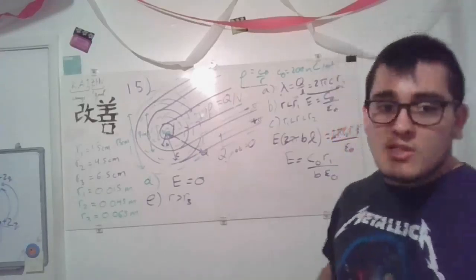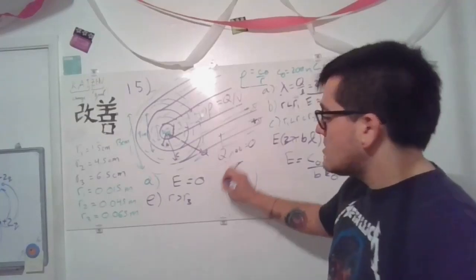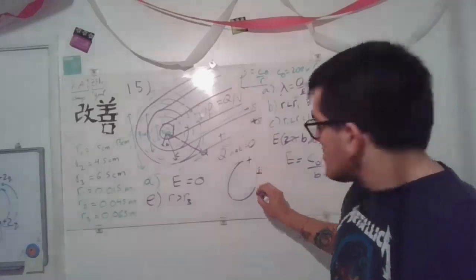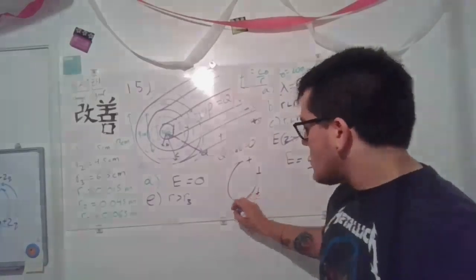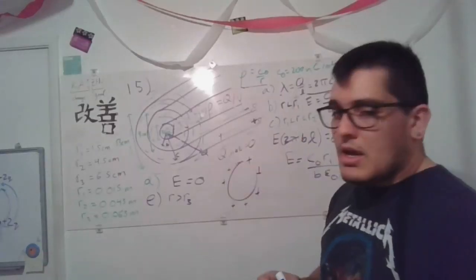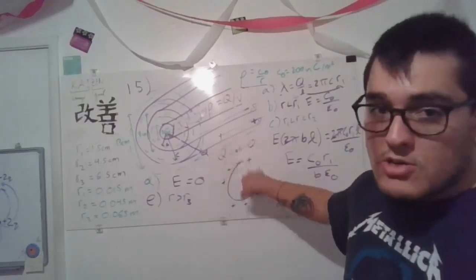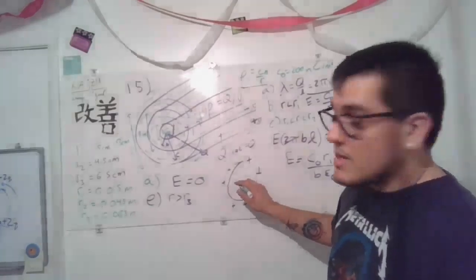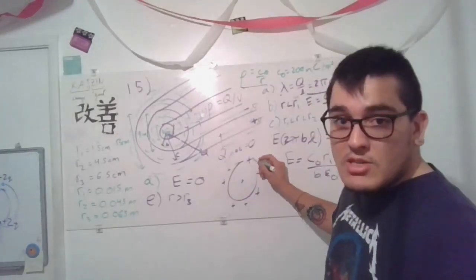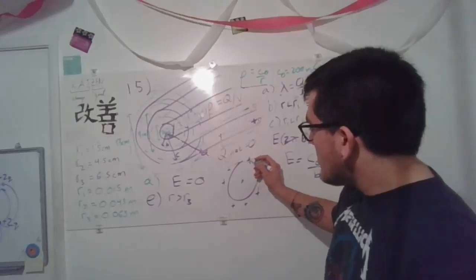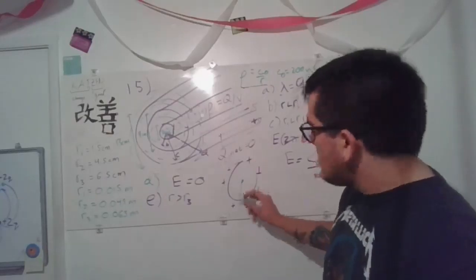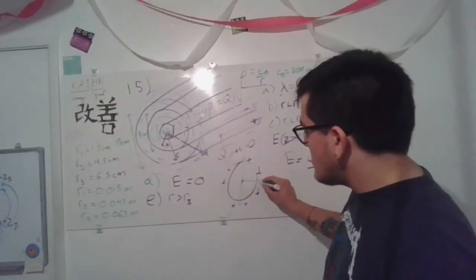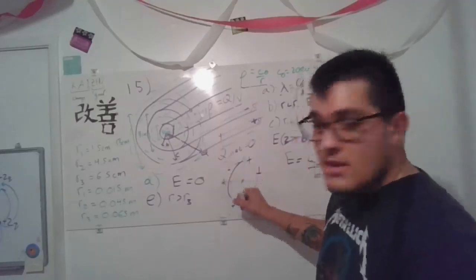It's pretty much this example right here. Say you have a hollow sphere, and I give it charge. The reason the charge is all on the outside is because if you wanted to find the electric field at the center due to this charge, the field due to this charge would be down, due to this charge would be up, due to this charge to the right, due to this charge to the left, and so on.